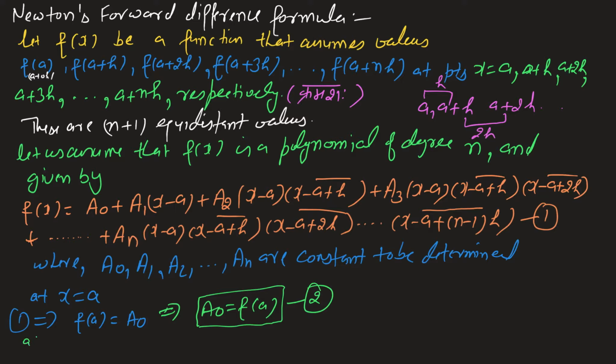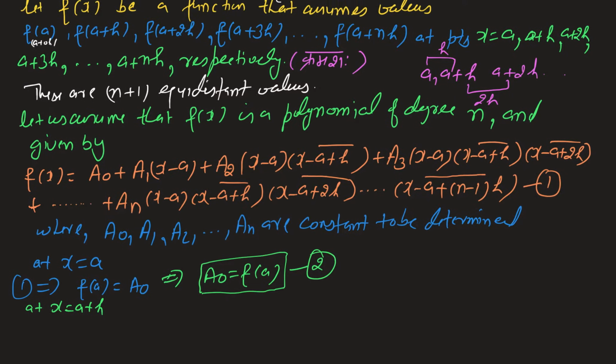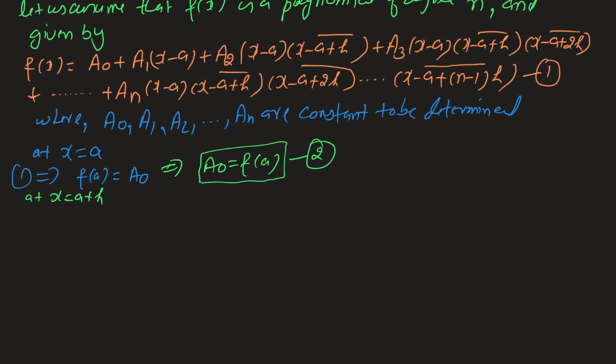Next, at x is equal to a plus h, 1 will imply f of a plus h. If you see here, it will be f of a plus h is equal to a naught plus a1 (a plus h minus a), plus, here a plus h minus a plus h will become 0, so all the rest of the terms will become 0.